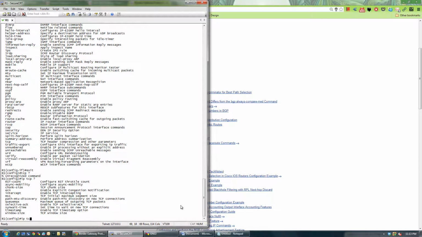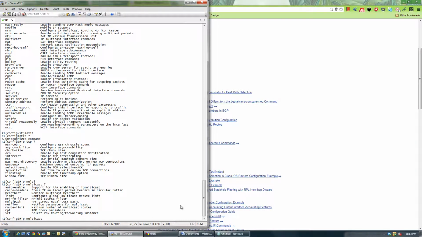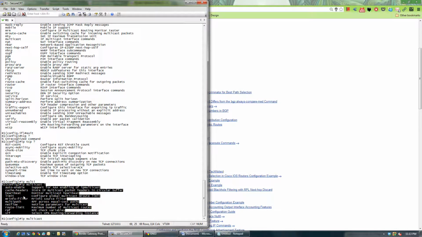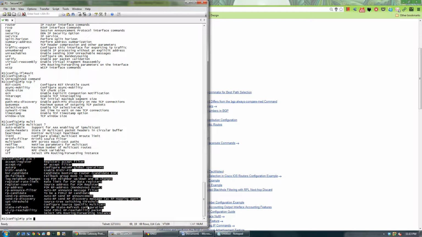And now let's talk about, say, multicast. IP multicast. Since we are issuing this command in the global mode, it will have effect on this. See, there's a small number of commands. Now you see PIM. You should know all these commands, all these subcommands.